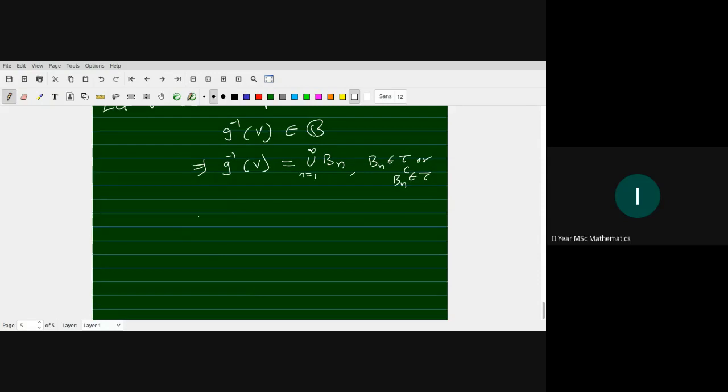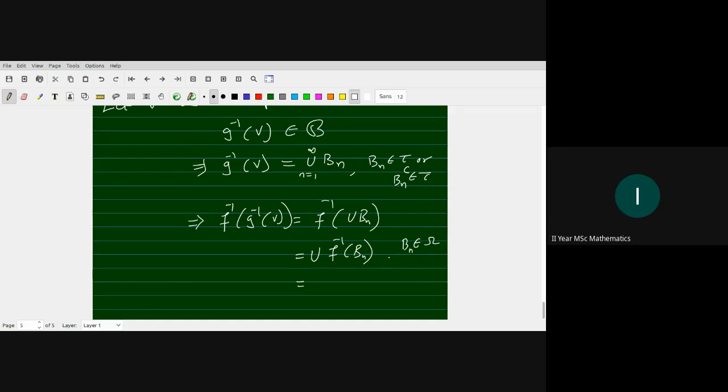What does this imply? What about f inverse of g inverse of V? This is f inverse of the union of Bn, which is the union of f inverse of Bn. Bn belongs to tau or Bn complement belongs to tau, so anyway Bn belongs to omega, or Bn complement belongs to omega. If Bn complement belongs to omega, Bn also belongs to omega.